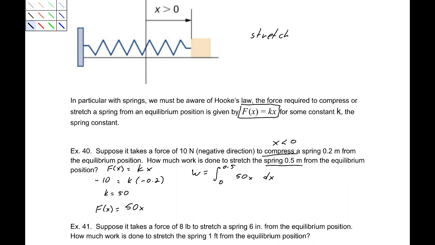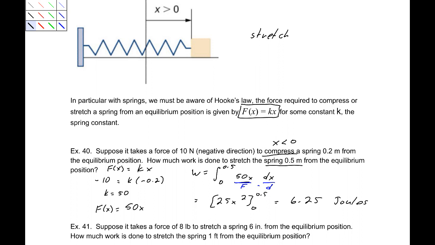So force times distance for work. Alright, so integrating that, we get 25x squared, the antiderivative there, 25x squared evaluated from 0 to 0.5. And that is going to be, most importantly, what the units are, but it's going to be 6.25 joules.